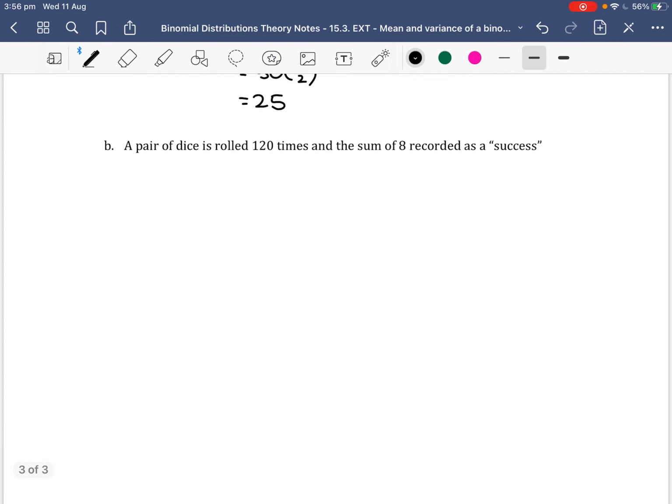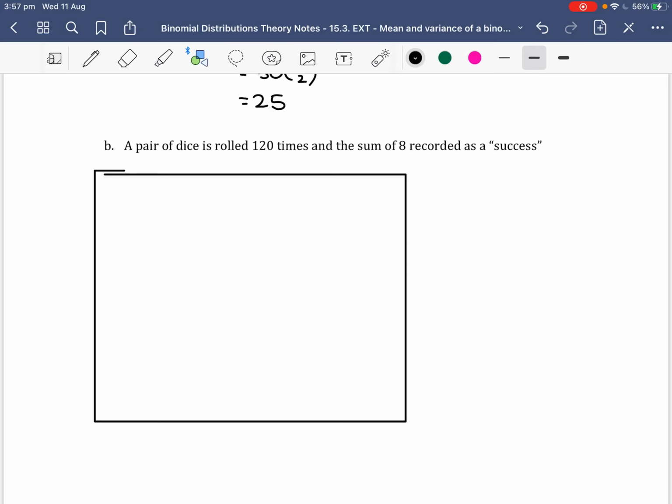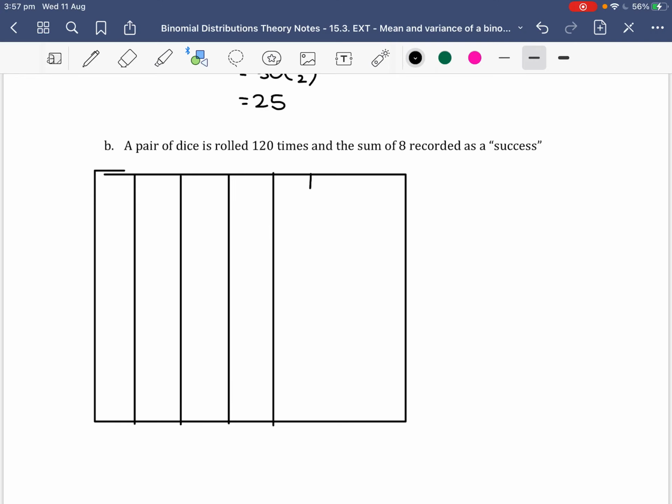We then have a pair of dice rolled 120 times, and a sum of 8 is recorded as a success. So what we need to do is work out the probability of a sum of 8, and how we're going to do that is by drawing up a quick table. So our table is going to have 7 columns and 7 rows.